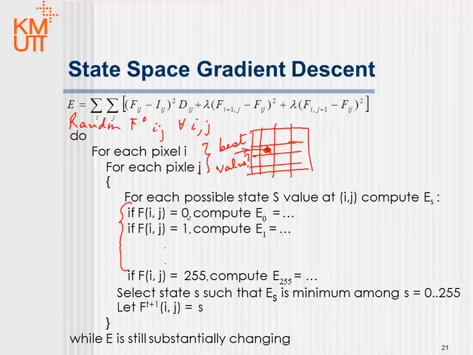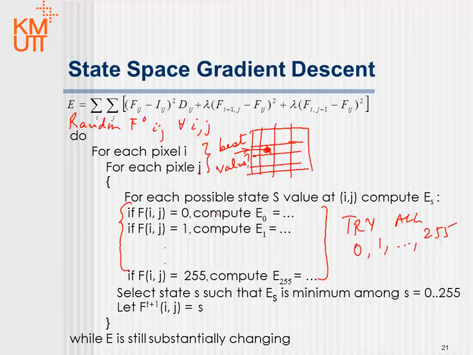So we try all possible values. Value 0, value 1, up to value 255, because that pixel, since it's a grayscale image, can only have values from 0 to 255.